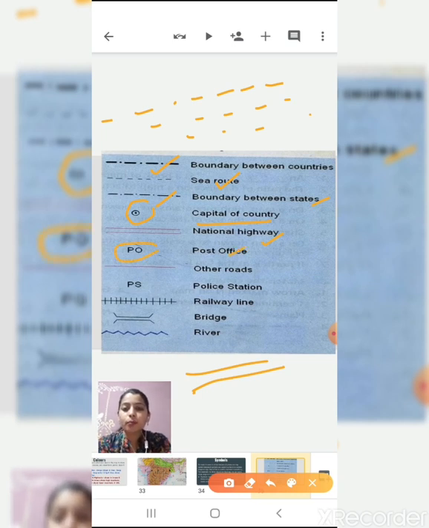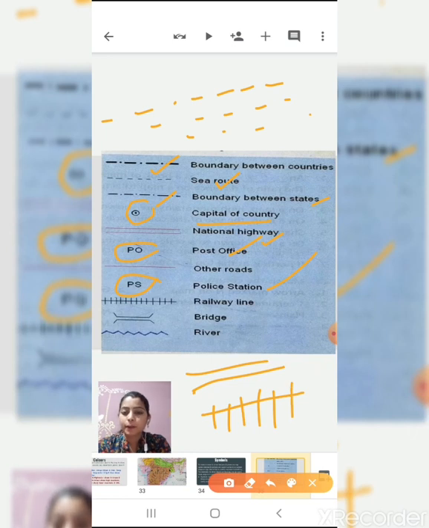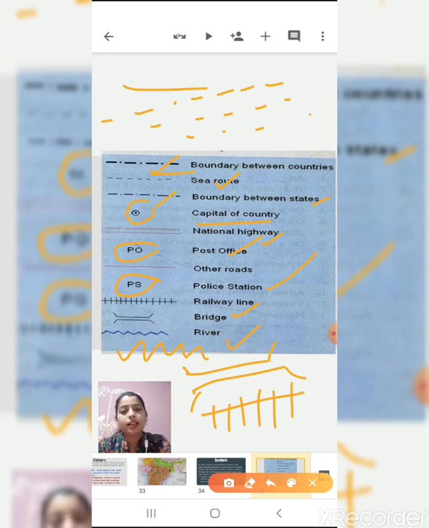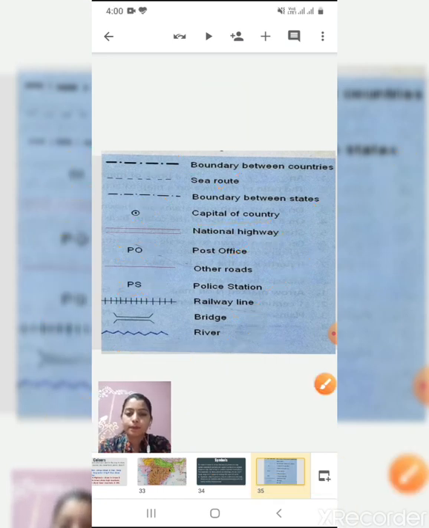PO is written for post office. PS is written for police station. Whenever there is a railway track, this type of line is drawn. Whenever there is a bridge, this type of symbol is drawn. Whenever there is a river, this type of symbol is drawn. And for a normal road, only a single line is used.